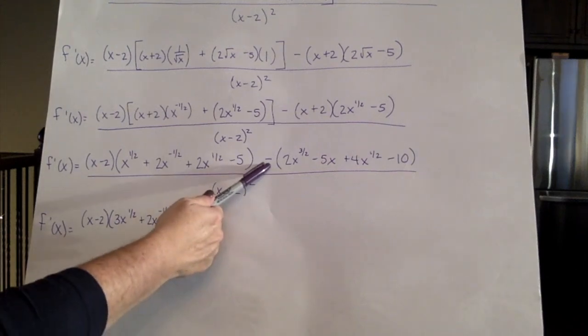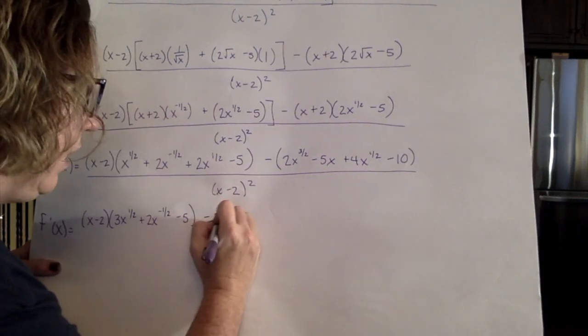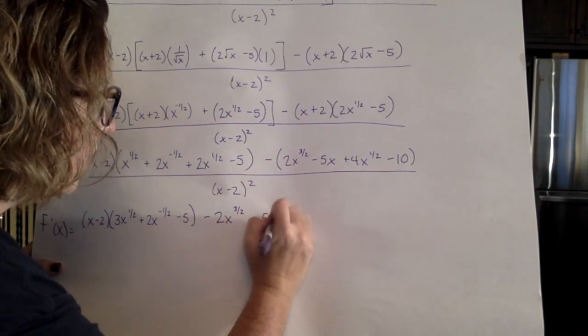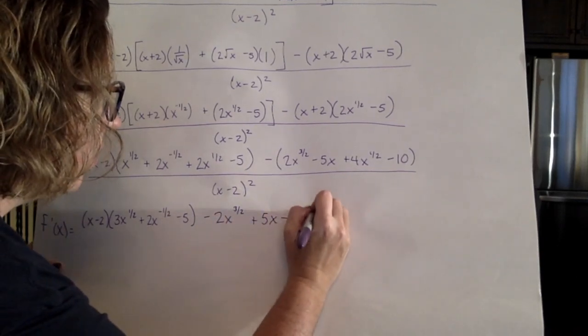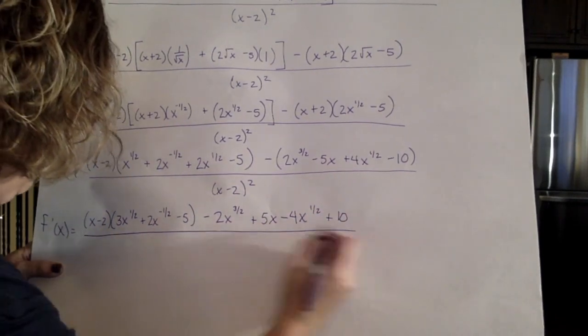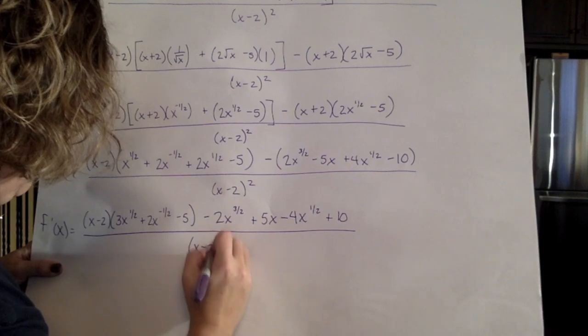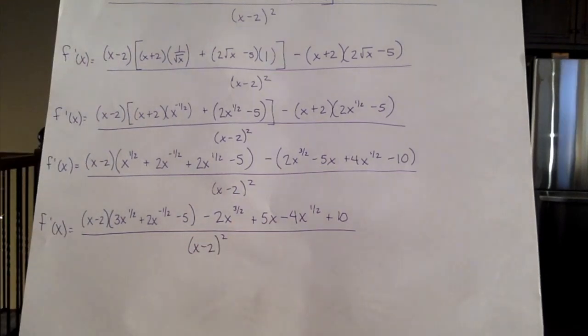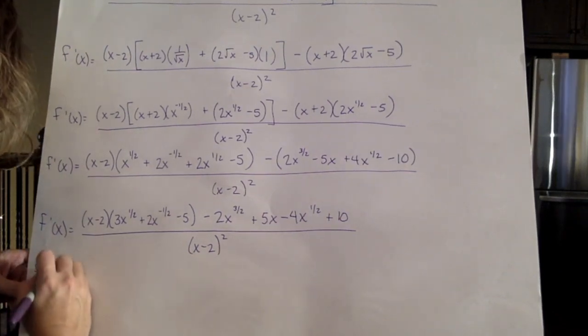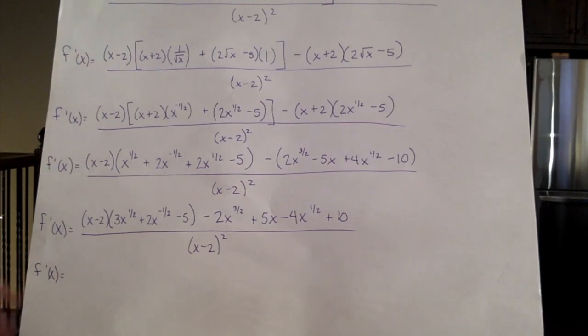I'll go ahead and distribute this negative sign, so I'll have minus 2x to the 3 halves plus 5x minus 4x to the 1 half and plus 10. Then we'll distribute in here. It's going to be quite lengthy. See if we can fit it all in here.